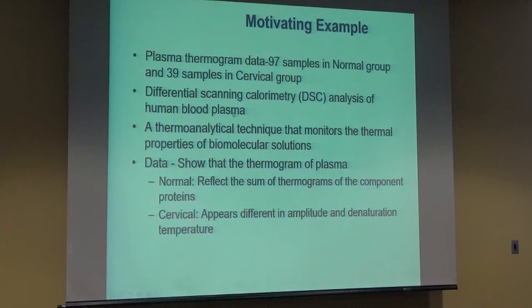And the DSC analysis is based on human blood plasma. The thermogram of plasma normally reflects the sum of thermograms of the component proteins, and in the cervical group it appears different in amplitude and denaturation temperature.